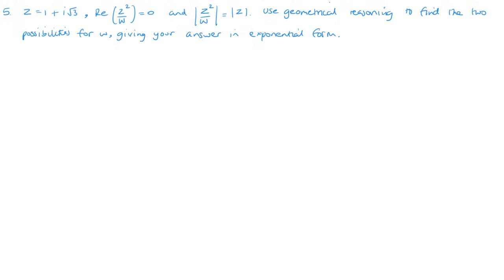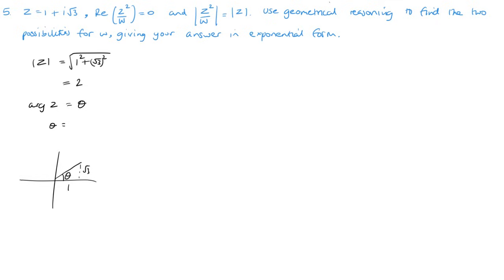So in this one we're given z. So the modulus of z is going to be 1 squared plus root 3 squared and then square rooted, which is going to be 2. And arg z, theta, is going to be, if we look at it, 1 across, root 3 up.